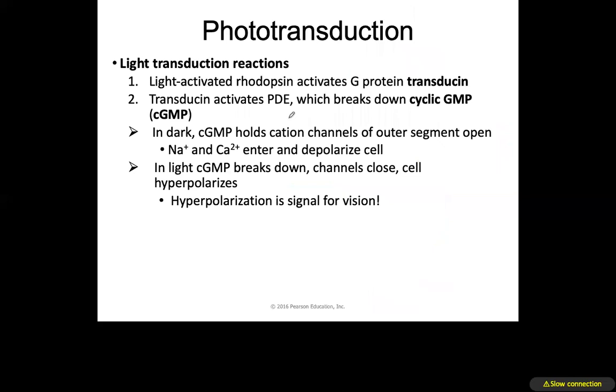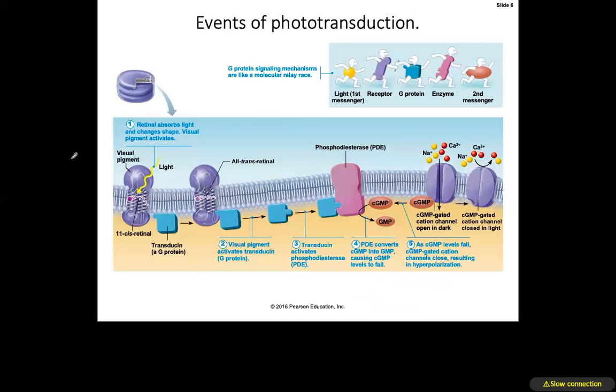So why is that important? When there is light present, you have your 11 cis, and at that time, you have a secondary protein called a G protein transducin. When the light hits the rhodopsin and the transformation happens from the 11 cis to all trans, this change causes the transducin.